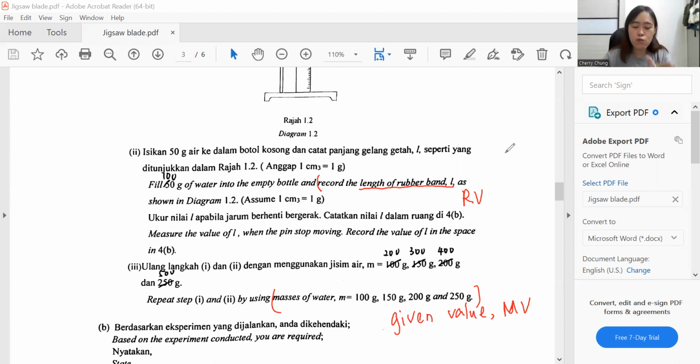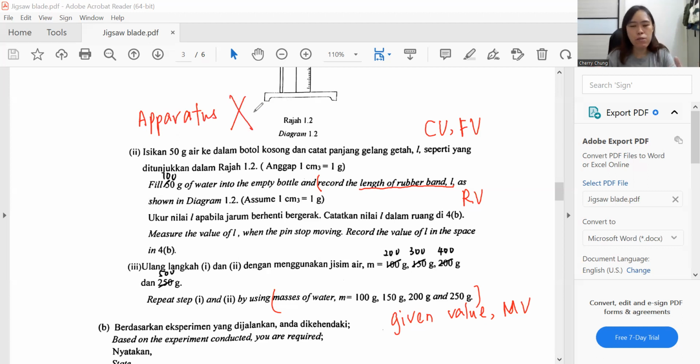Then you ask, teacher, which one is your CV? Constant variable, or sometimes they say fixed variable. Remember, for all the variables, your apparatus cannot be your variables.